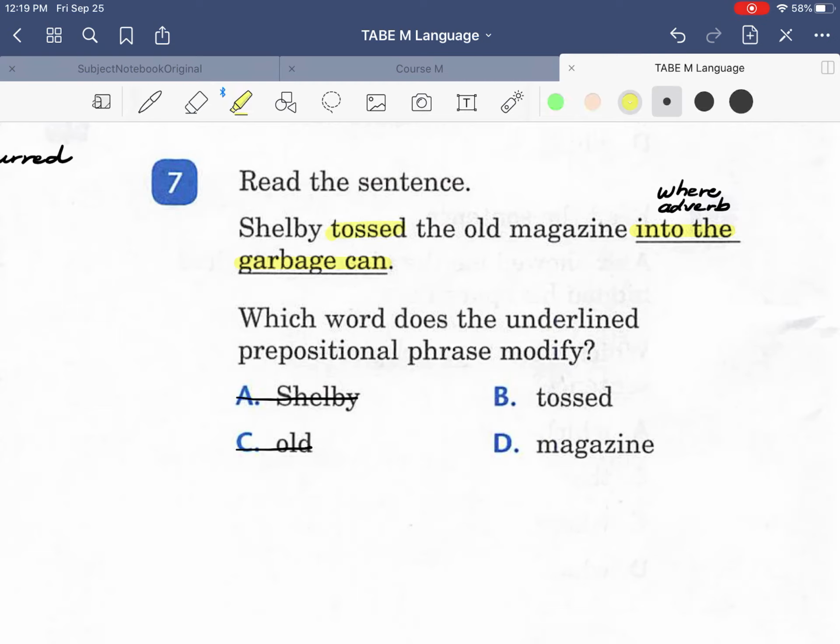It's tossed. It tells where she tossed the thing. So the one you want is B, and this is a tricky one. I know the magazine went into the can, but it's the action verb tossed that we're describing. It tells me where she tossed, and therefore I want the verb.